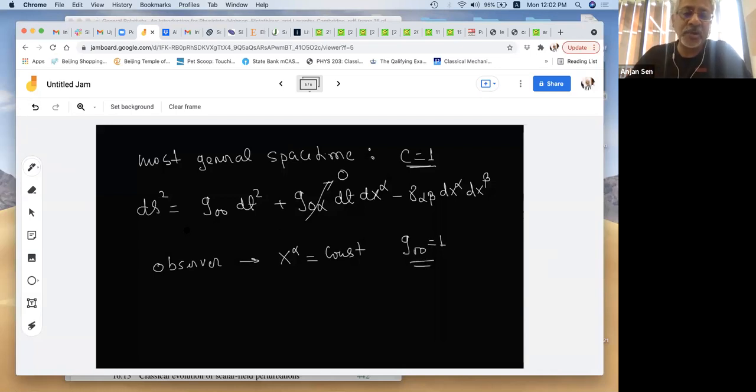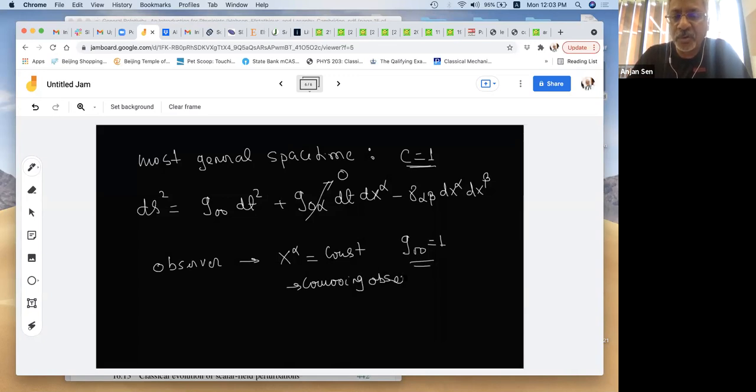So I can put G00 to 1 for these observers, which are located at x alpha equal to constant, right? Sometimes we call these observers co-moving observers.